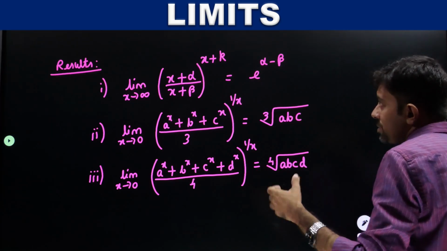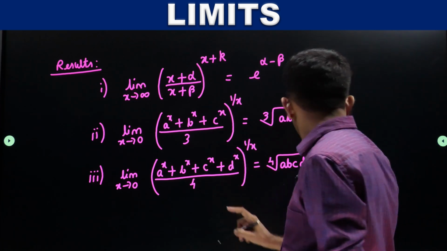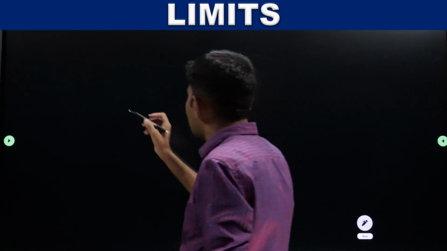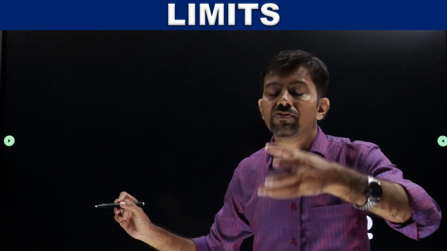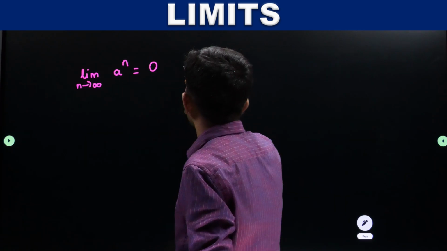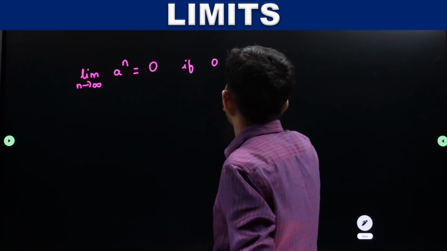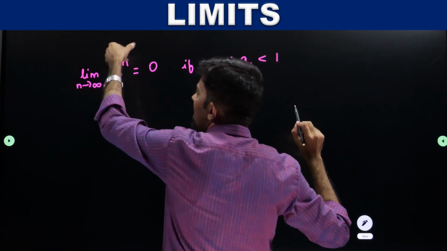Another important result I am going to give you is an application of the result I gave earlier: limit n tends to infinity of a power n becomes 0 if a lies between 0 and 1, correct? If a number lies between 0 and 1, its power infinity is 0.